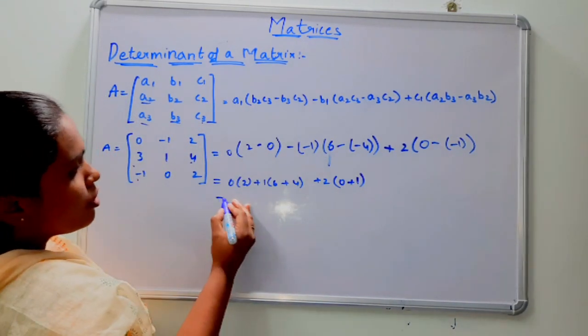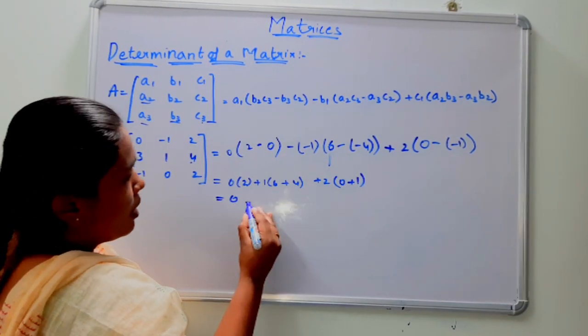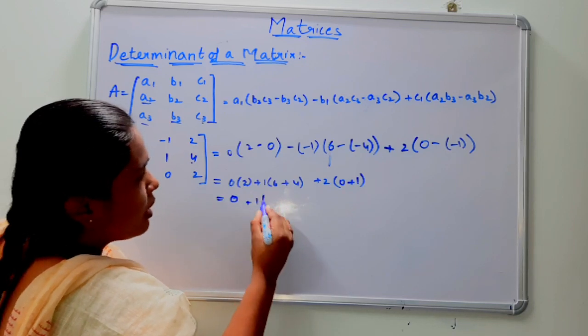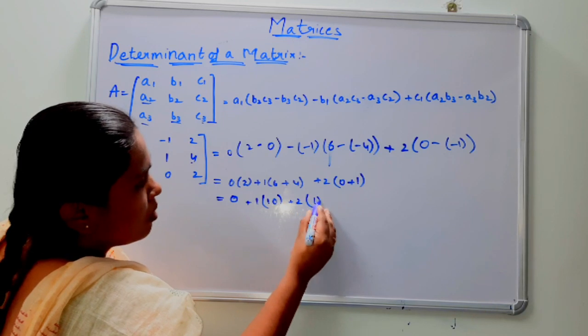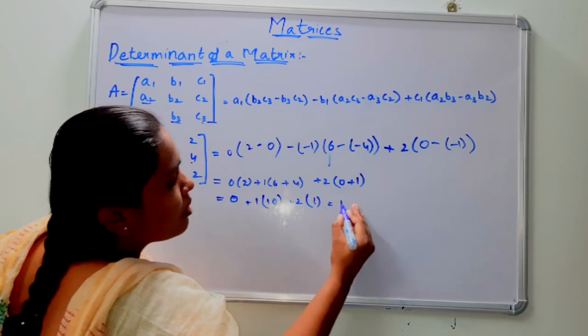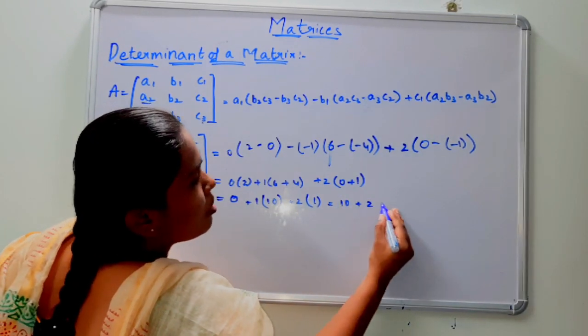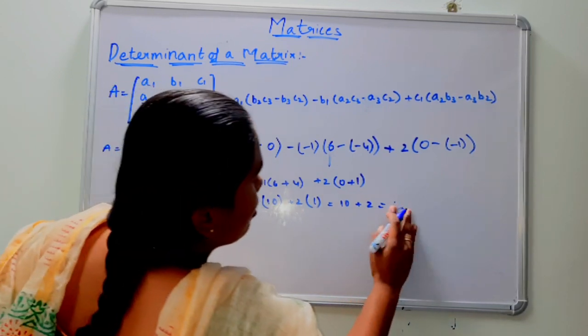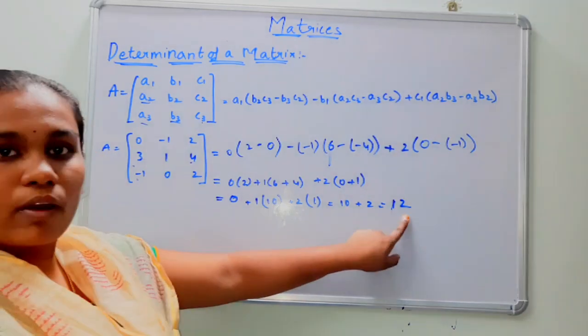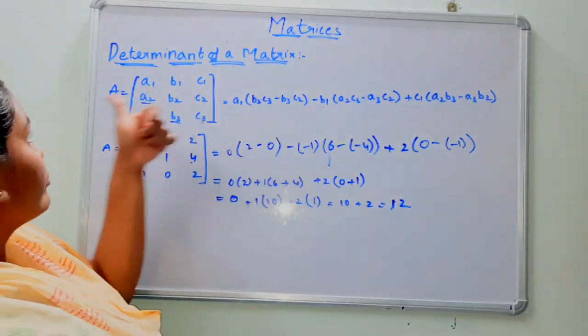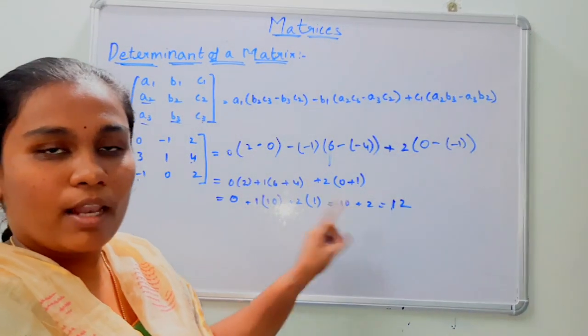So what is 0 into 2? 0, plus 1 into 6 plus 4, that is 10, plus 2 into 1. So 1 ten is 10 plus 2 ones is 2. So the answer is 12. Okay. So the determinant of the matrix A is 12.